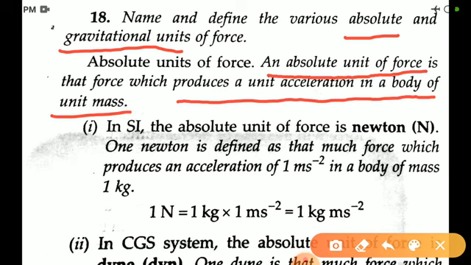So the SI absolute unit is Newton, and you want to know how to define Newton. The force is said to be 1 Newton when an acceleration of 1 meter per second square is produced in a body of mass 1 kilogram.